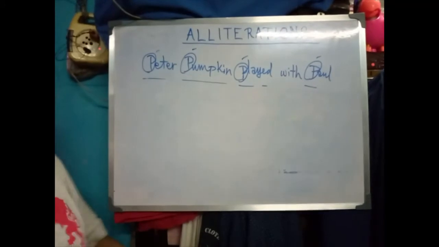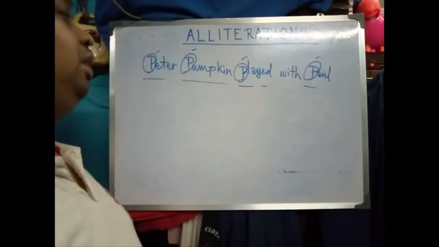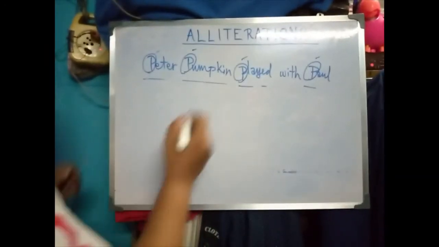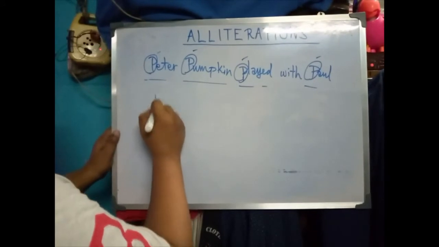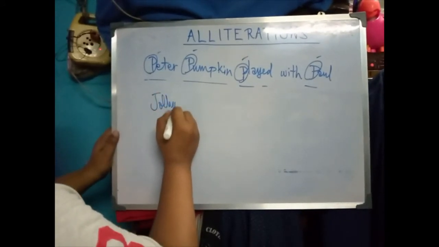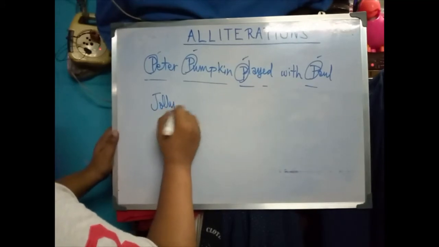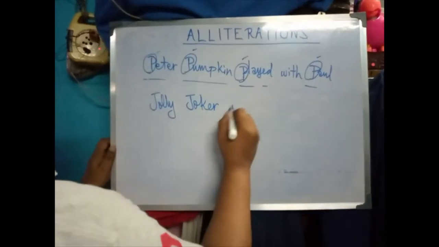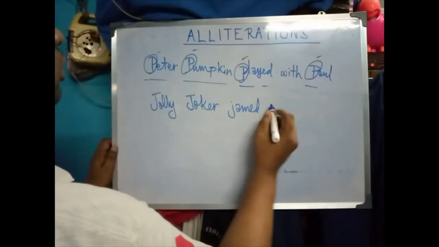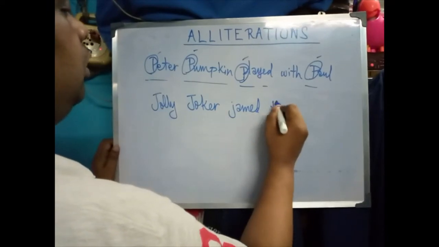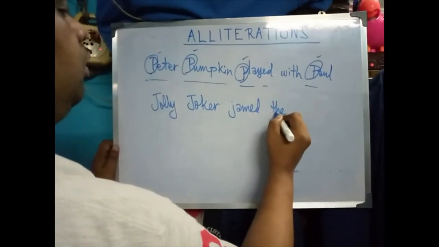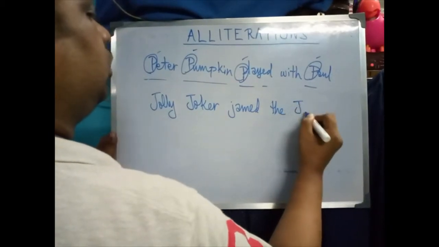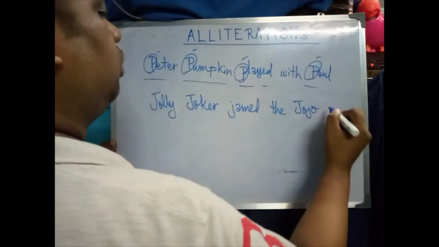Now I am going to give you another example of alliteration. See here: Jolly Joker jammed the Jojo road.